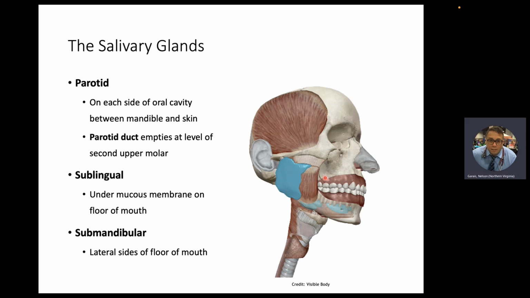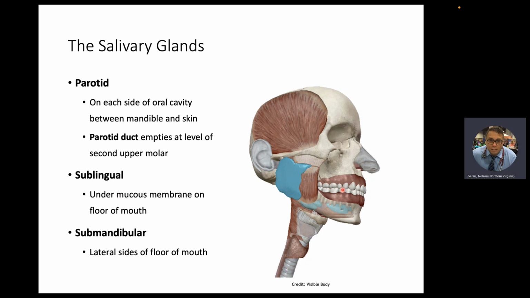Now, part of your oral cavity here, which is your mouth, you have three salivary glands, and they have two products. They have, of course, amylase, which is an enzyme that breaks down carbohydrates, and they also release mucus. Remember, the mucus is for lubrication.